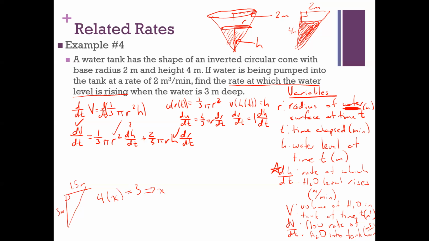So that gives me that x equals 3/4, right? How did I use that 3/4 to get to my other measurement? Just multiply 2 times that scale factor to get the other corresponding length that I want. All right, so we got r.